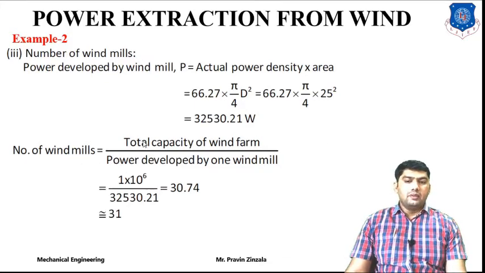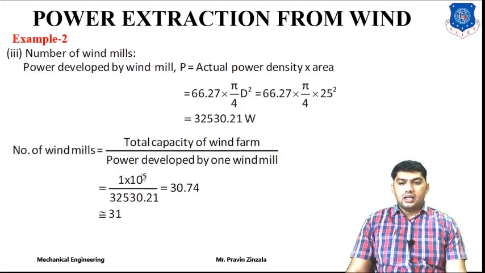And the number of windmills is total power divided by power developed by one mill. So we will get the number of windmills. From the requirement of total capacity of wind farm and power developed by windmill, we can also calculate the power available by windmill, equal to multiplication of power density into area. So we will get the power developed by one windmill.